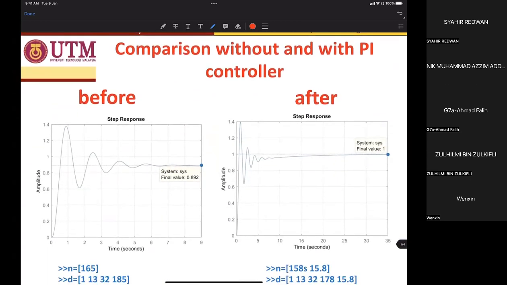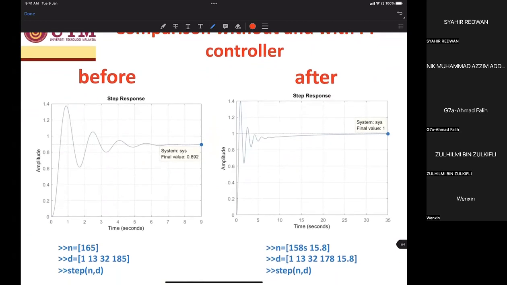So when we compare, you can see before and after. Before PI controller, after PI controller. Nick Muhammad, can you comment on this graph? Faster transient response.